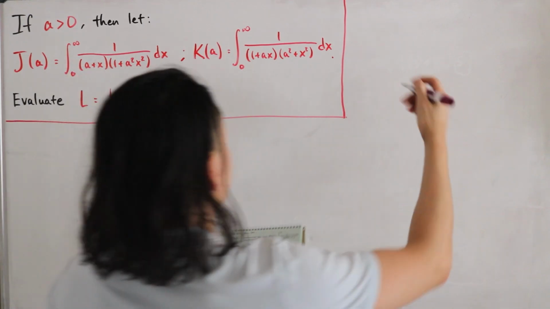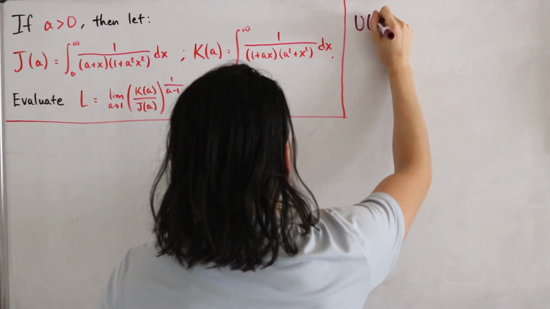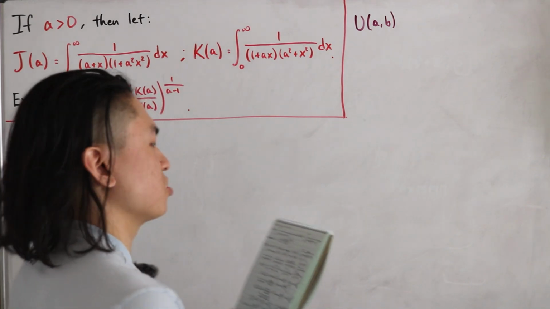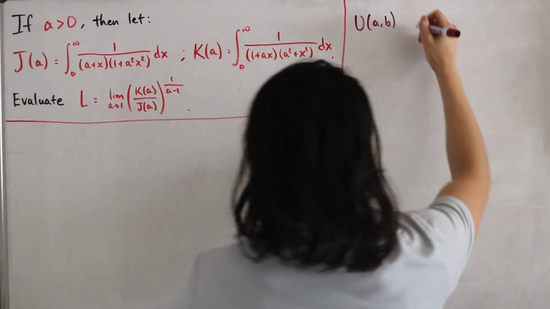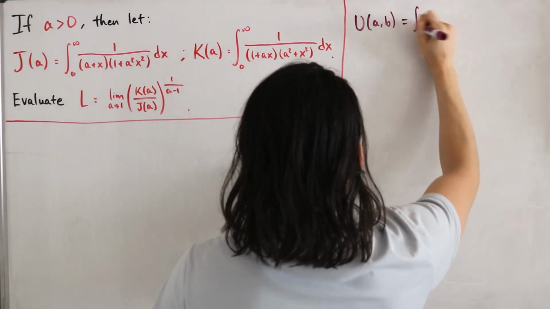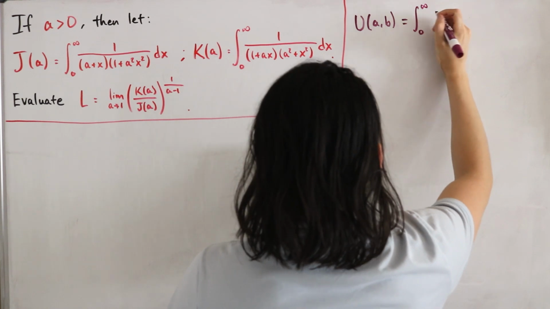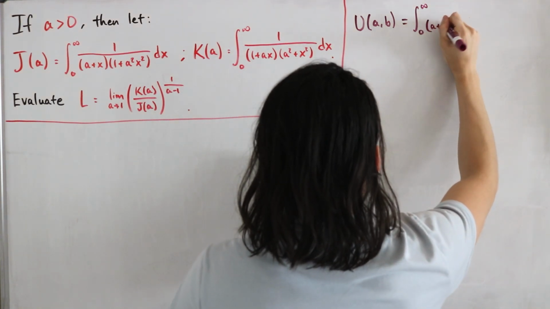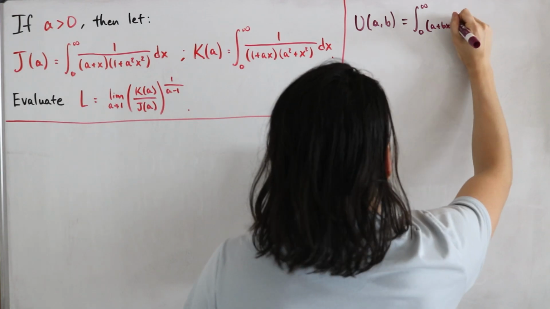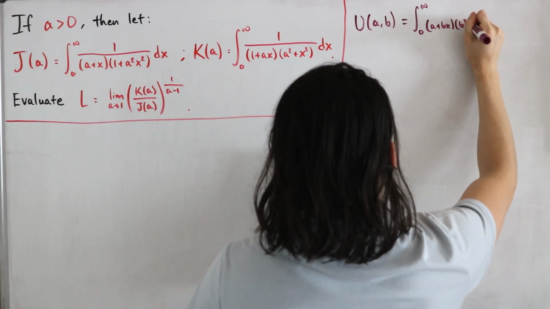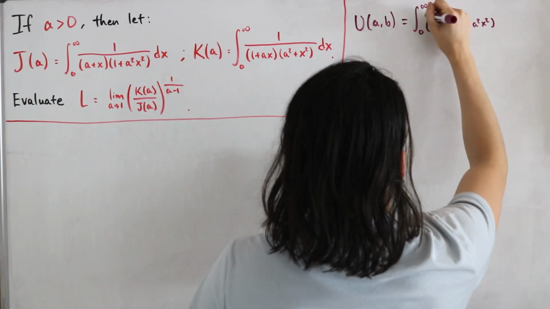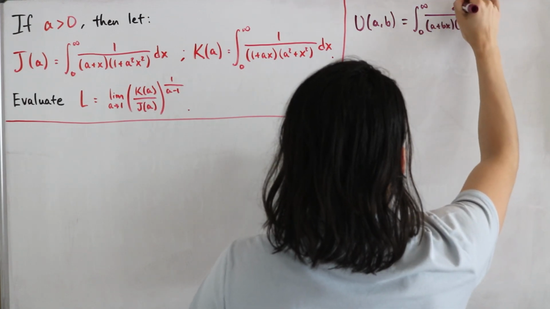So let's call the function u of a, b. We're going to let b be a positive number, so I'll put that condition in a second. We have the integral from 0 to infinity of, let's see, I'm going to write the denominator first: (a plus bx), multiplied by (b squared plus a squared x squared), and then I'll write the dx on the top.